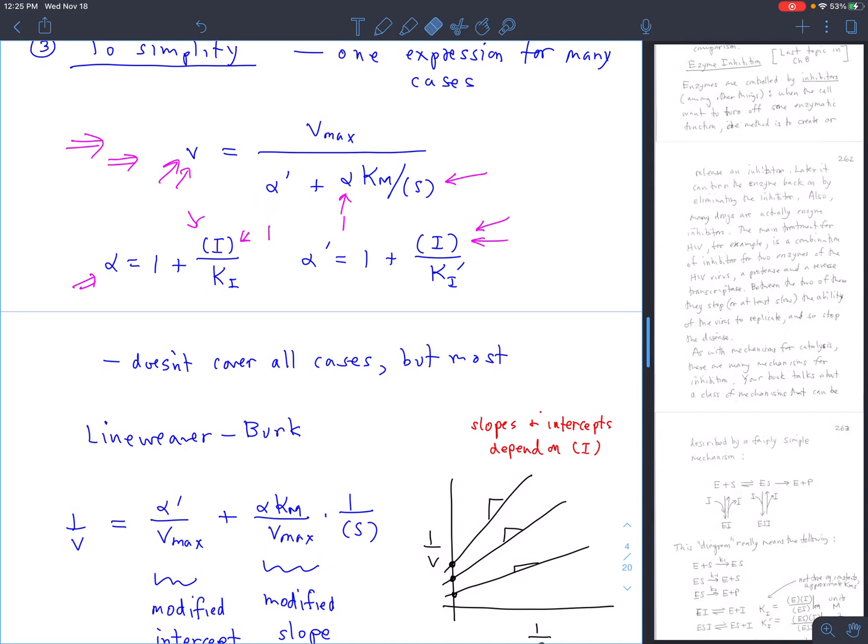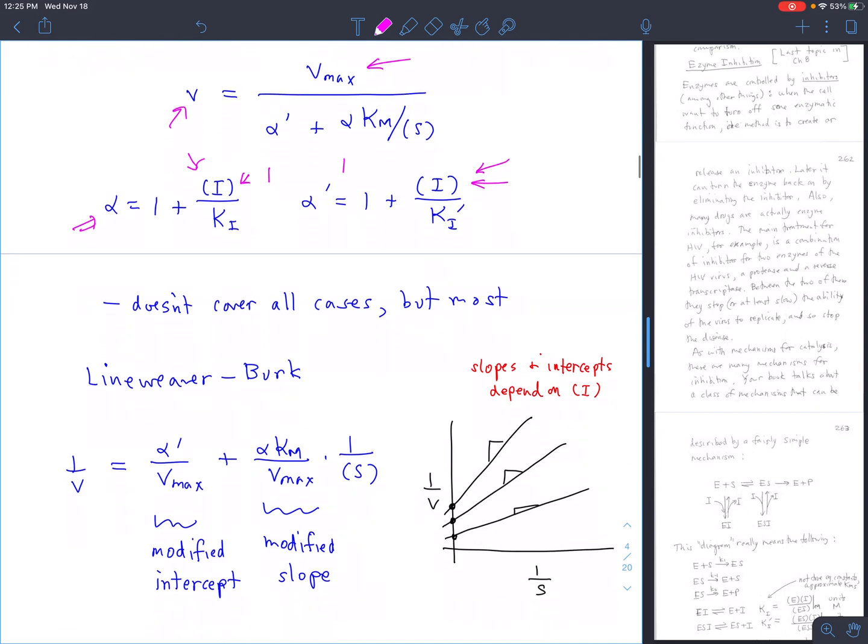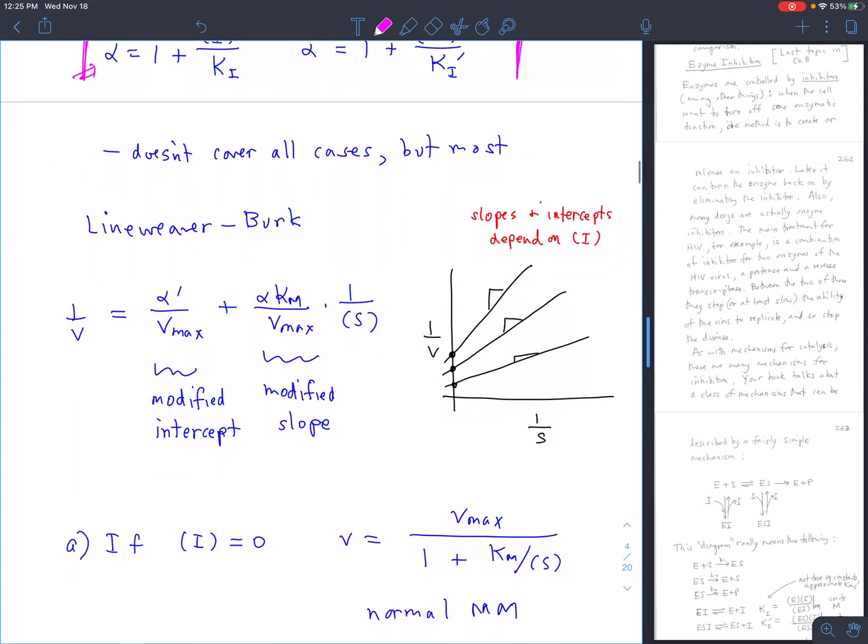Basically, there's inhibitor effects that divide the Vmax by some quantity that's bigger than 1, and so makes Vmax smaller, makes V smaller at every substrate concentration. But it's useful to see how each of these 2 cases works out individually, and also do some examples to see how it works out numerically.